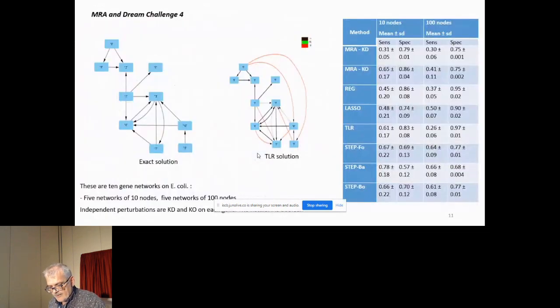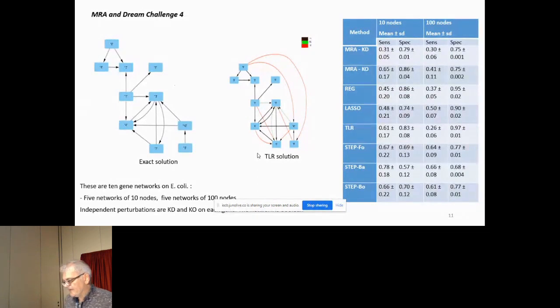We are dealing with one last example using data from the DREAM Challenge 4. These are gene networks of E. coli, 5 networks of 10 nodes and 5 networks of 100 nodes. Independent perturbations are knockdown and knockout applied on each gene, and the network is considered to be Boolean.